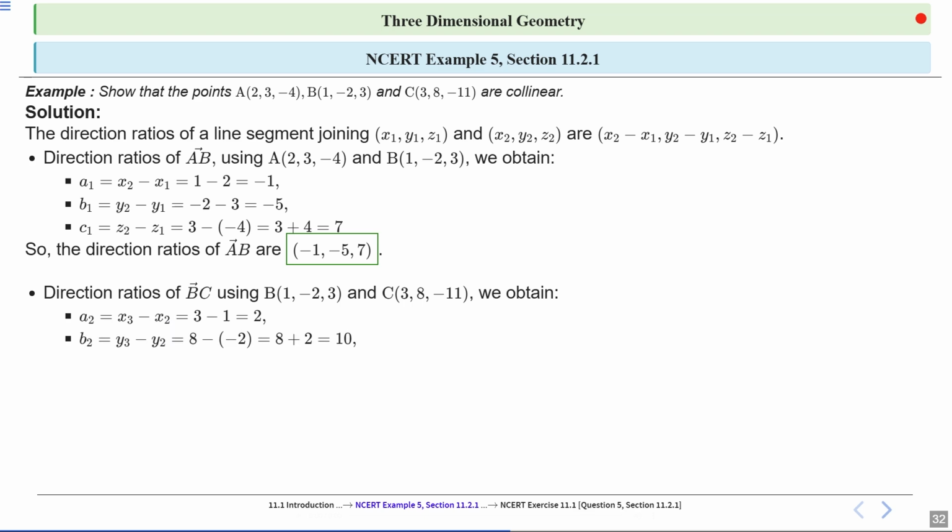B2 equals y3 minus y2 equals 8 minus of minus 2 equals 8 plus 2 equals 10. C2 equals z3 minus z2 equals minus 11 minus 3 equals minus 14. So the direction ratios of BC are 2, 10, minus 14.